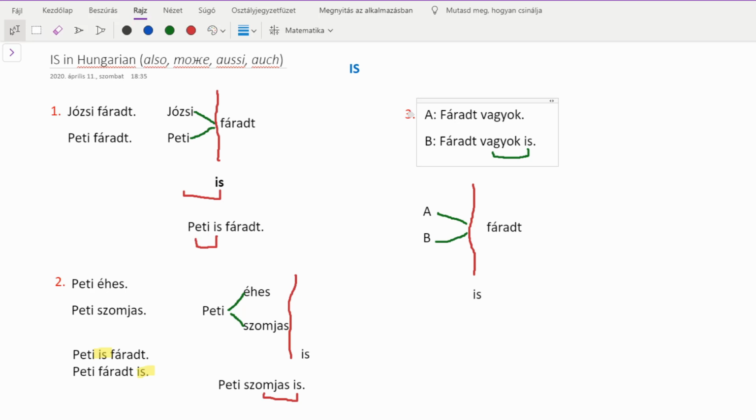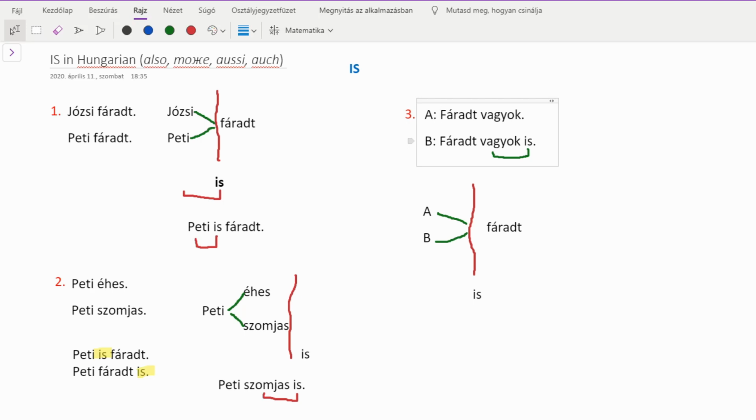So we don't have a personal pronoun here, and this makes the structure a bit more difficult, because similarly to example 1, we may want to put the ish word after the personal pronoun, like after the name, Peti is fáradt, but there is no personal pronoun in B's sentence either.